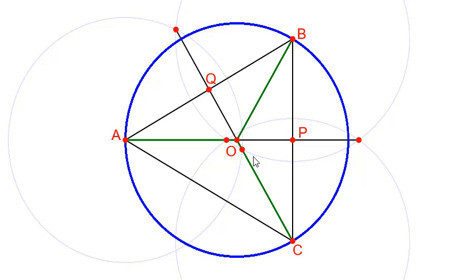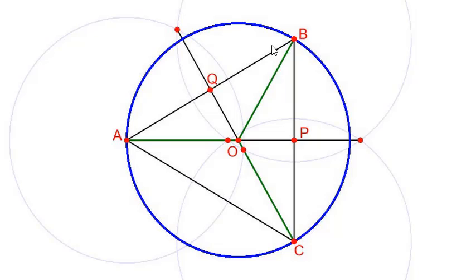Okay, so here we have our lines from our vertices to the circumcenter, and we labeled P and Q our 2 points of intersection of our perpendicular bisectors with the sides of the triangle.